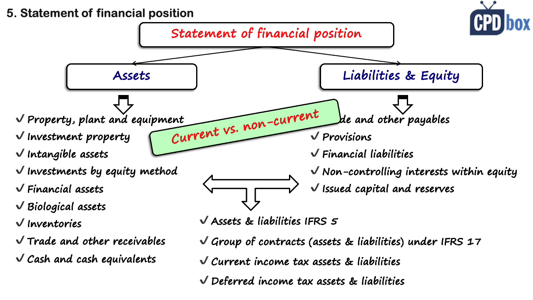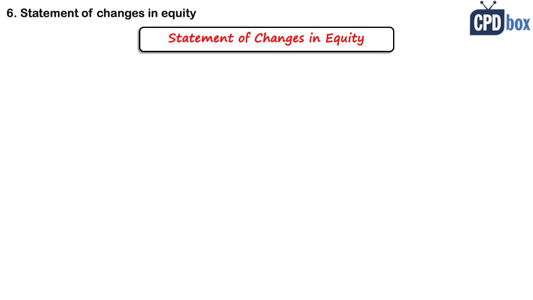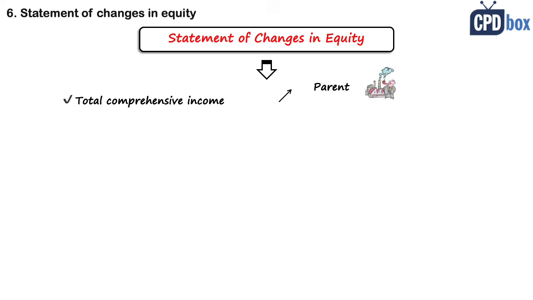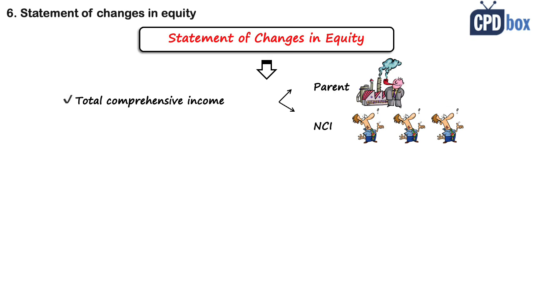Statement of changes in equity is carried over from IAS 1. So here the entity shall present at least total comprehensive income separately, amounts attributable to owners of the parent and to non-controlling interests for each component of equity separately.